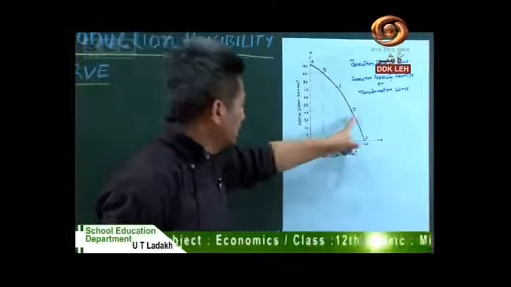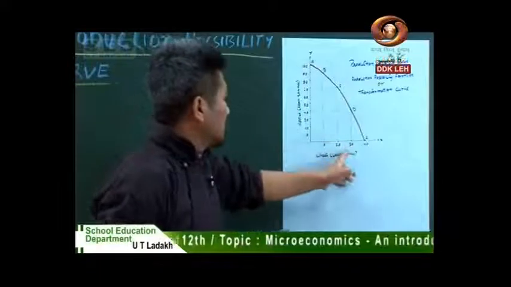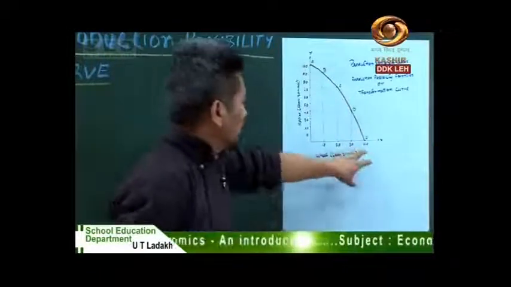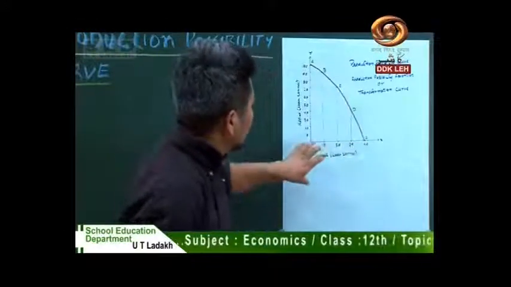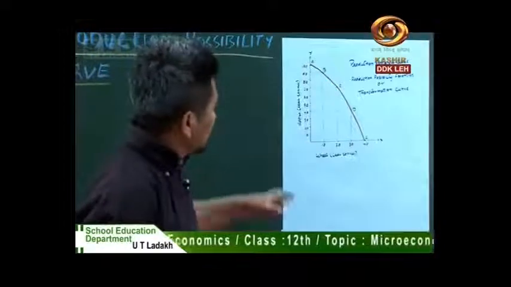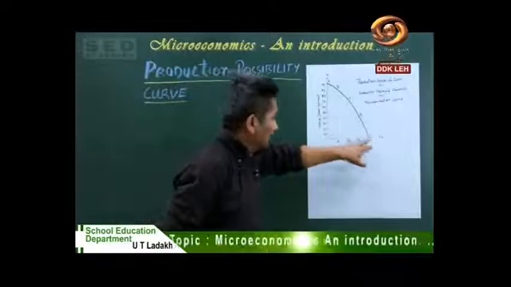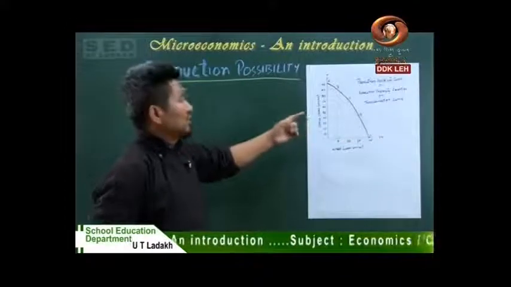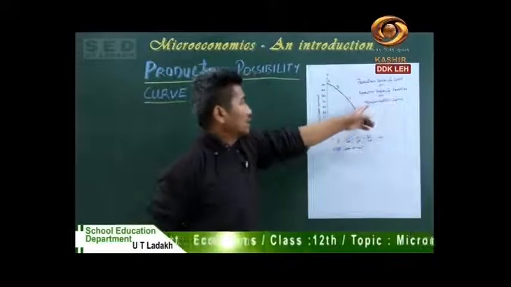And at point D, you produce 40 lakh tons of apples and 30 lakh tons of wheat. And at point E, you produce 40 lakh tons of wheat and 0 apples. It means here you are using all the resources for the production of wheat at this point. I have also told you that production possibility curve is also called production possibility frontier or the transformation curve.